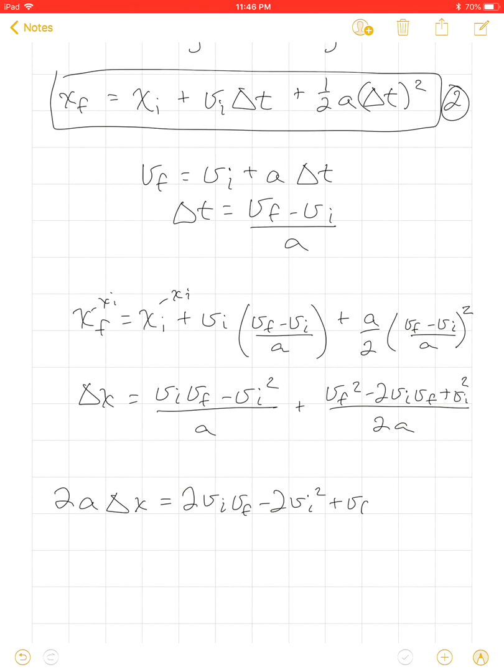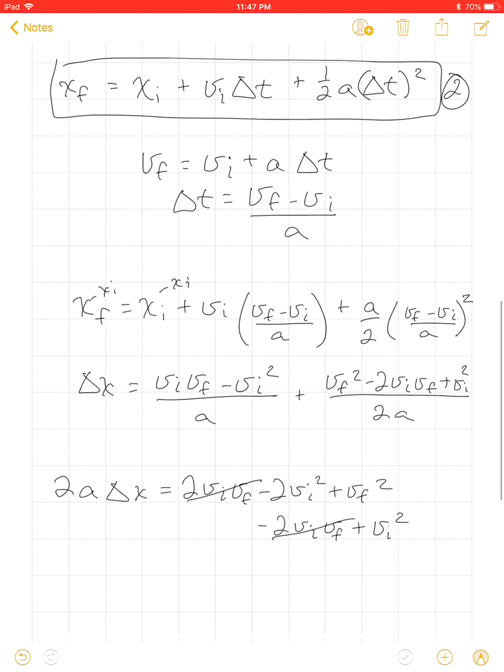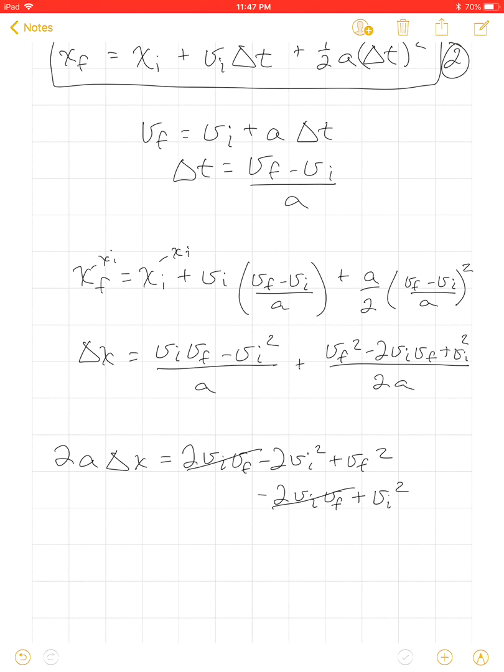So we'll have plus vf squared minus 2 vi vf plus vi squared. Okay, so hopefully we can see that this term is going to cancel this term, and then this term is going to go away, and we're just going to have a minus 1 vi squared left.